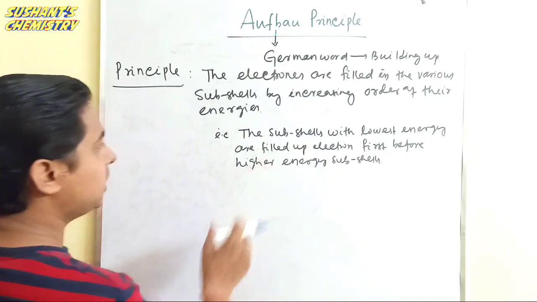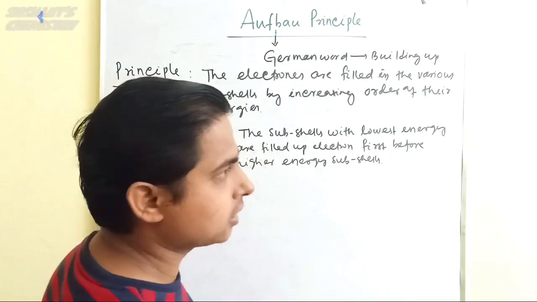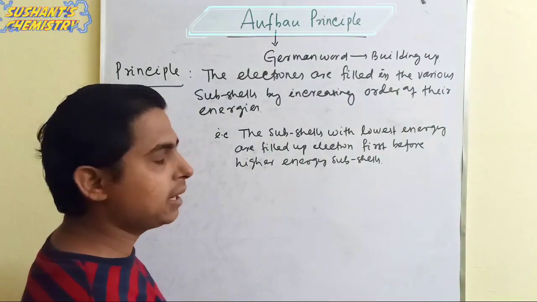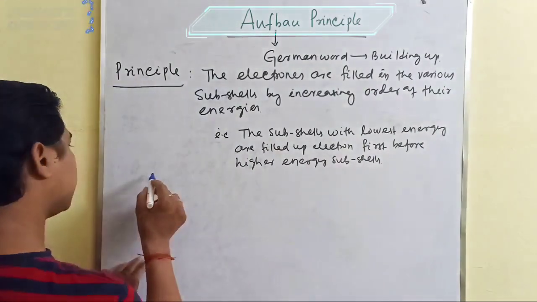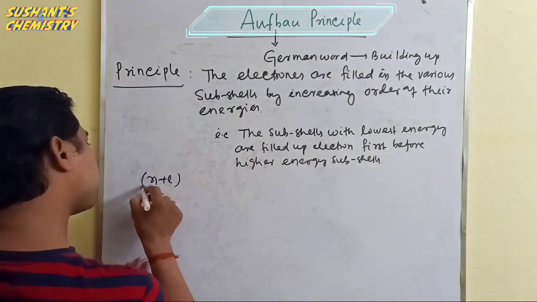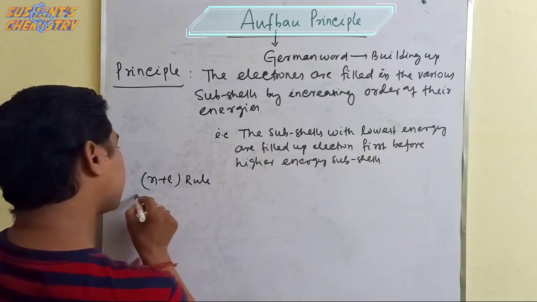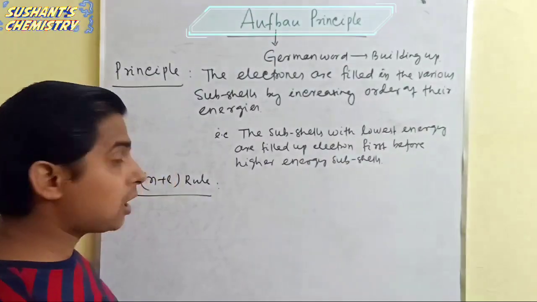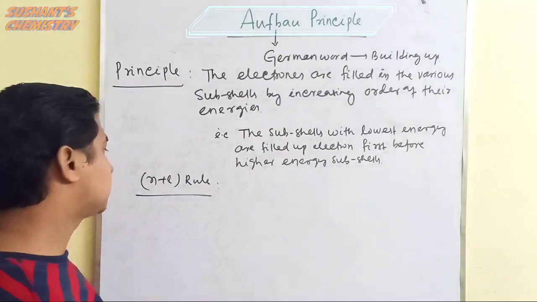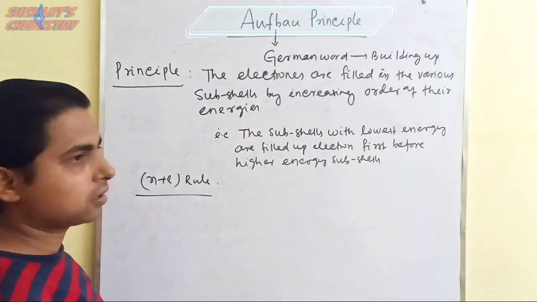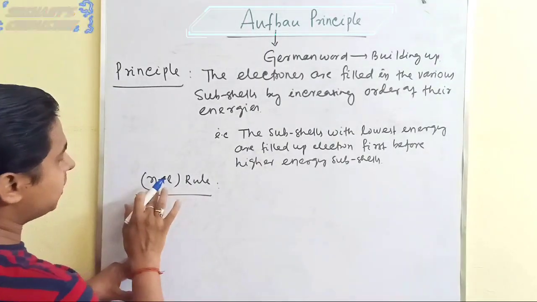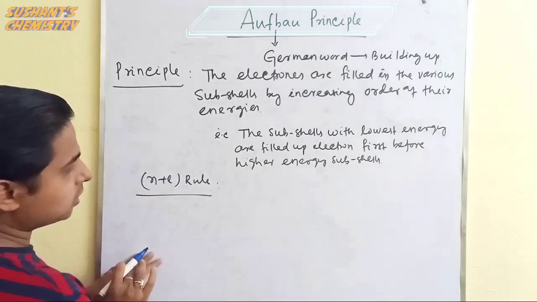The filling of different subshells by increasing order of energies can be explained by the n plus l rule. This rule tells how electrons are filled by increasing order of energies. n is called the principal quantum number, l is called the azimuthal quantum number.